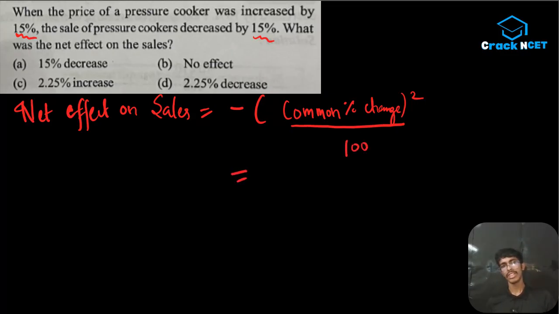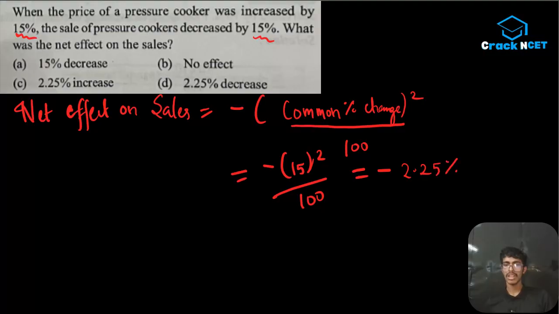So what is common percentage change? Minus of 15% square divided by 100. So value will be, 15 का square क्या है? So after doing this, you will be able to get 2.25 percentage.